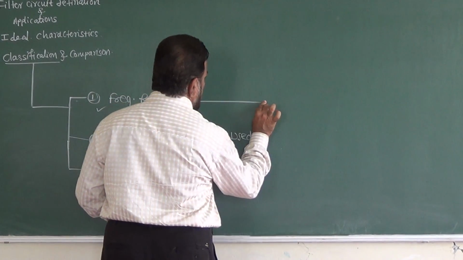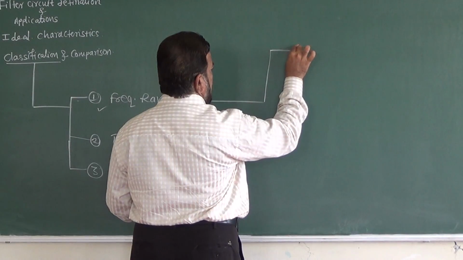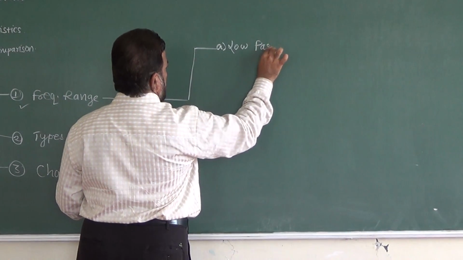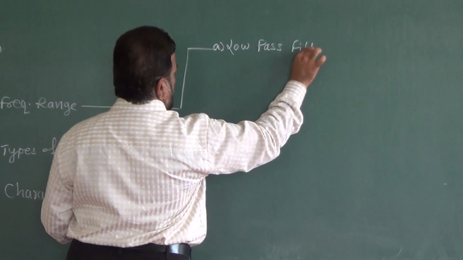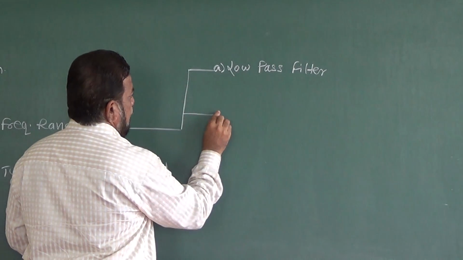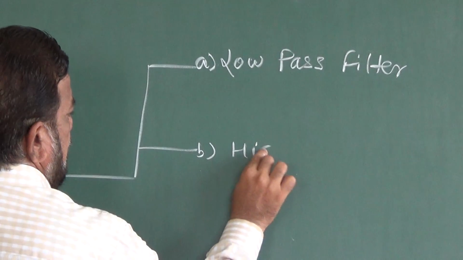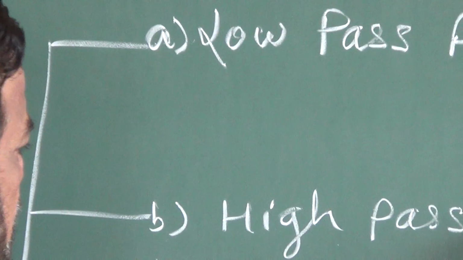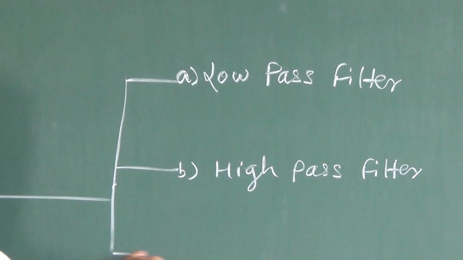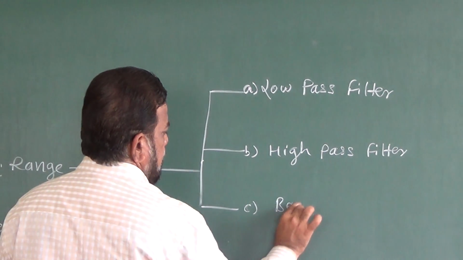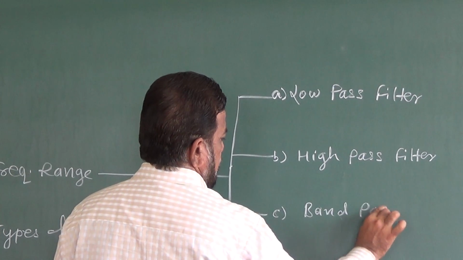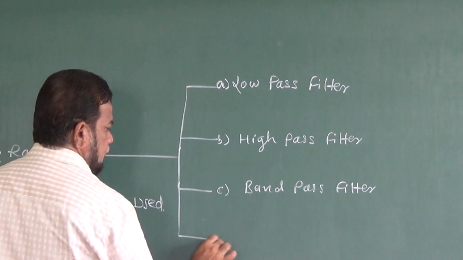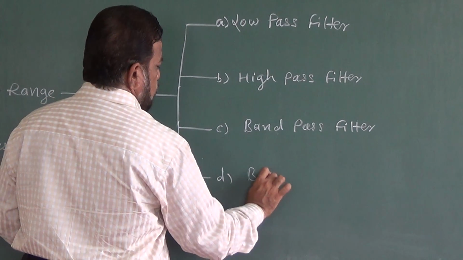So if I just separate this one now, the first one is a low pass filter. Second one is high pass filter. Third one is band pass filter. And the fourth one is band stop filter.